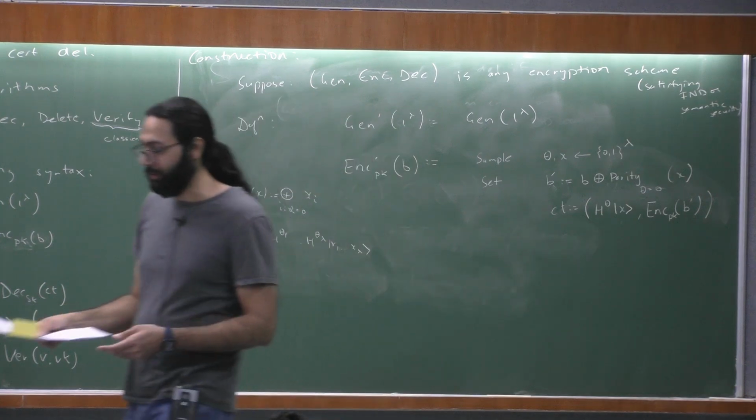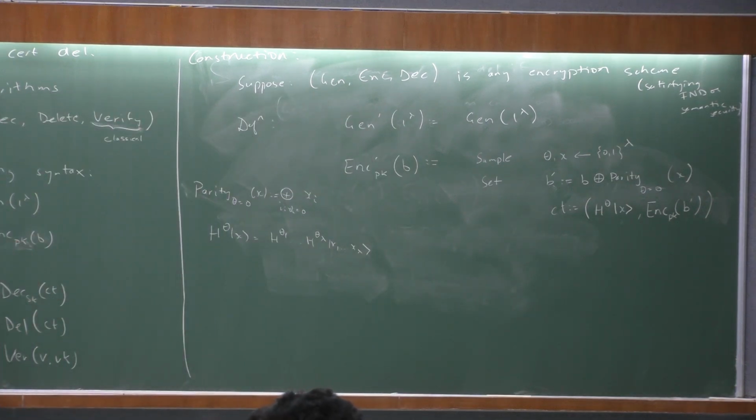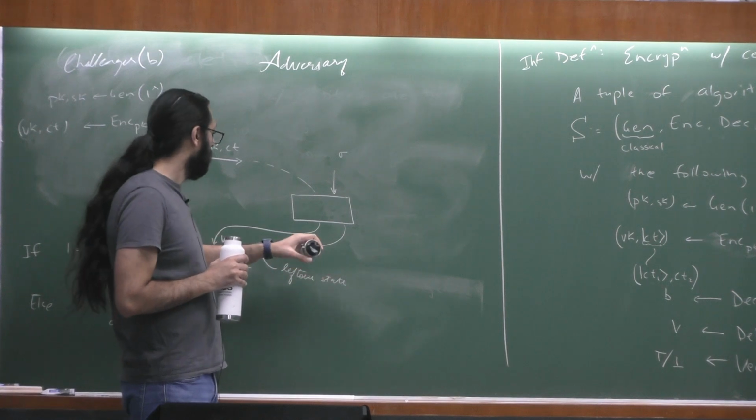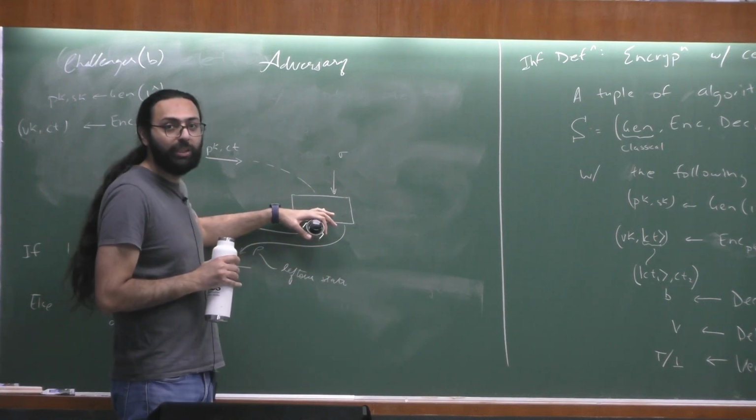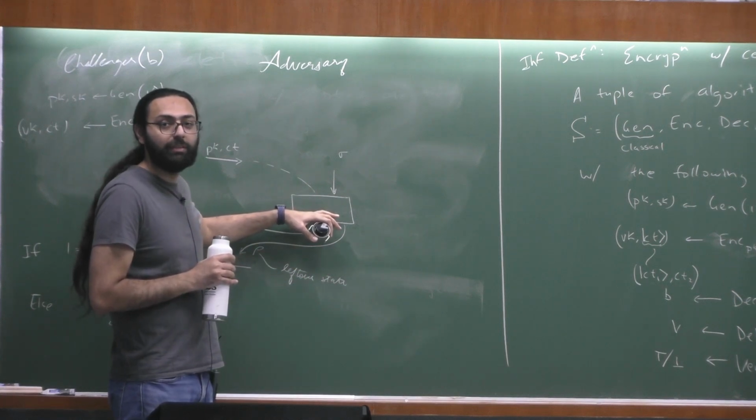Okay, so the intuition is that we assume this adversary was QPT, and the whole point was that while the adversary is QPT, it has to produce the deletion certificate.